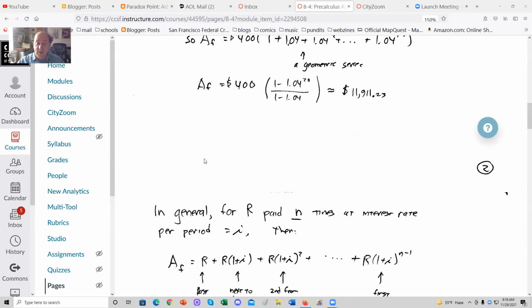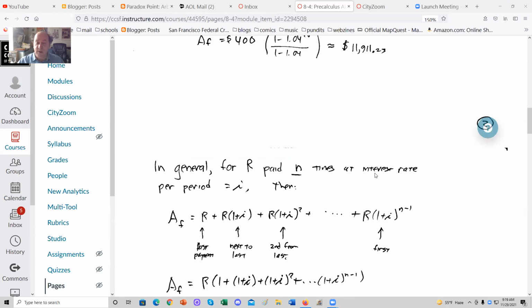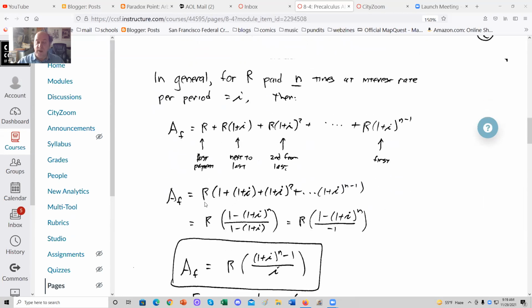Now, in general, if R is paid n times at an interest rate per period of i, then the future value will be R, the last payment, plus R times (1 + i), the next to last, plus R times (1 + i)², all the way up to R times (1 + i)^(n-1). So you get a geometric series, and it's R times (1 - (1 + i)^n) over (1 - (1 + i)).